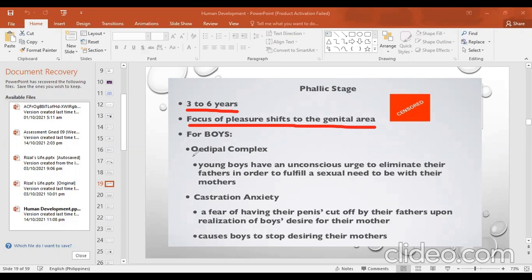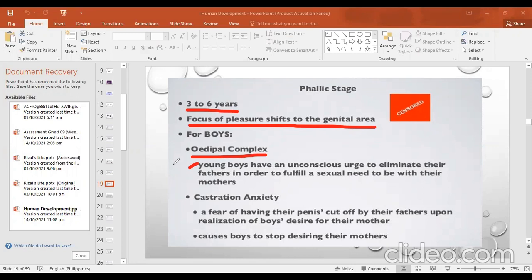So for boys, meron tayong tinatawag na Oedipal complex or Oedipus complex. It has something to do with young boys having an unconscious urge to eliminate their fathers in order to fulfill a sexual need to be with their mother.